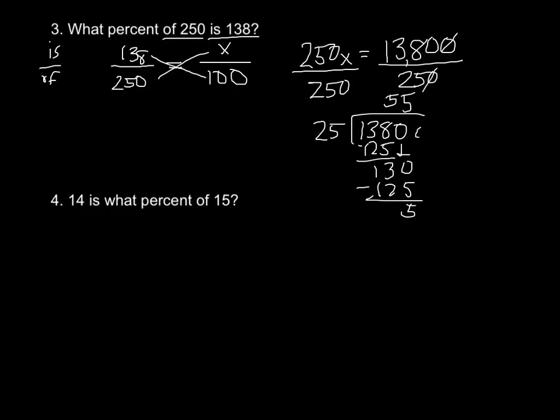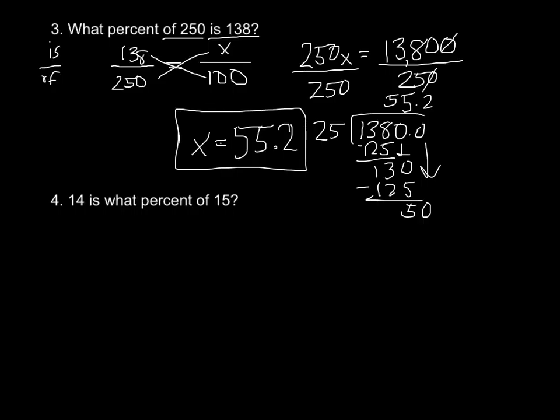Bring down my 5. Add my decimal. Bring that down. 25 goes into 50 2 times. So our answer is x equals 55.2 is what our x equals in this one.